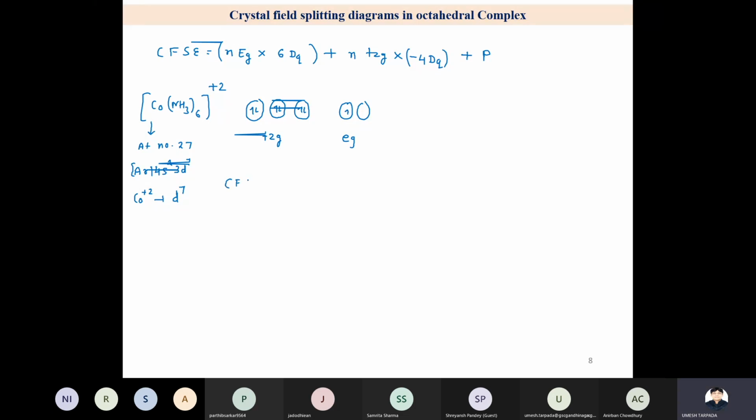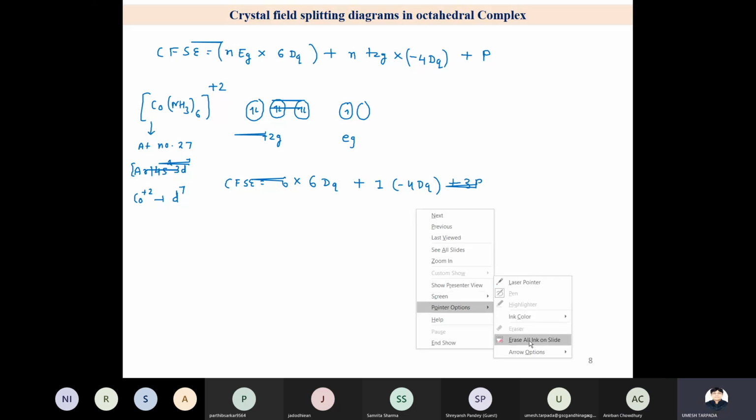So crystal field stabilization energy equals 6 into 6 dq plus 1 into minus 4 dq plus the number of pairs, that is 3 pairs, so you can write 3P. That is called pairing energy.